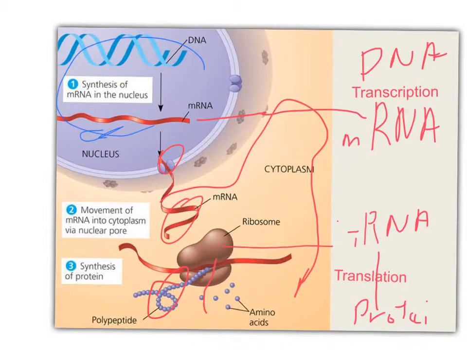So this is the basic process by which DNA is turned into a protein. And proteins, remember, do all the work. There are structural proteins. There are proteins like enzymes that handle chemical reactions. There are signaling proteins. Everything that is in our body is all proteins.